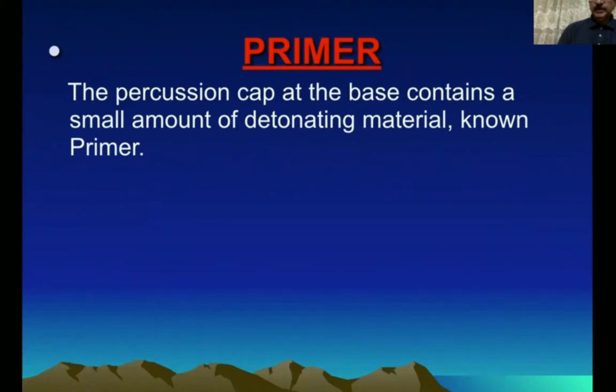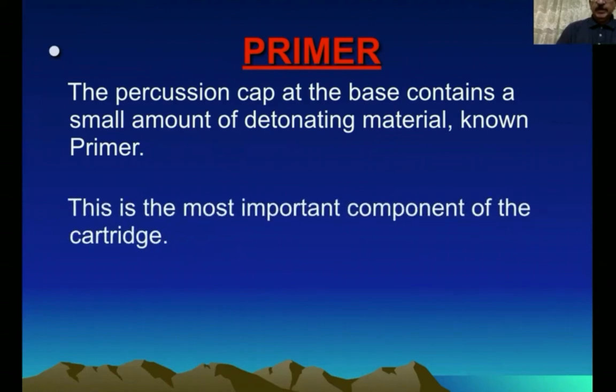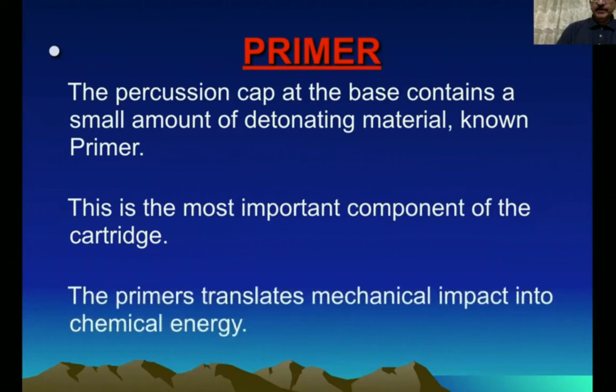So it is a small detonating material, which is placed in the primer cap, and when the firing pin strikes at the primer cap, it detonates. And this is the most important component of the cartridge, because the primers translate the mechanical impact into chemical energy.